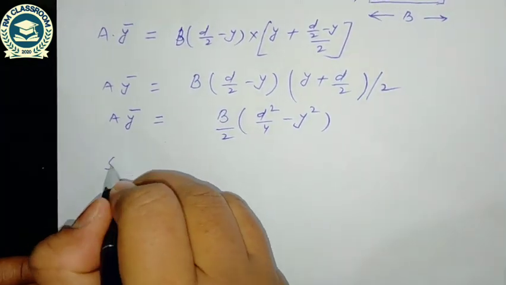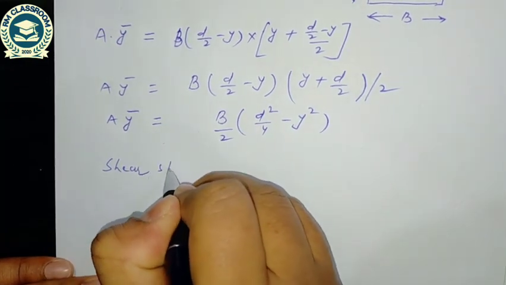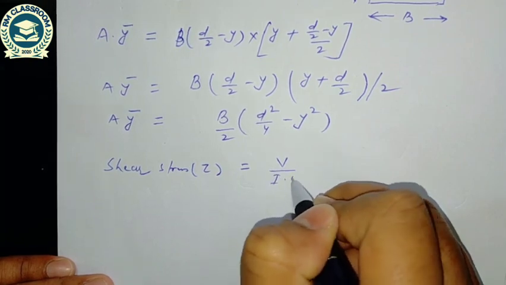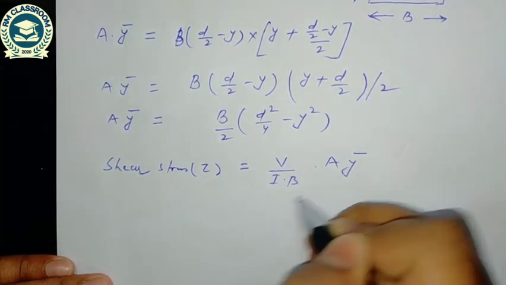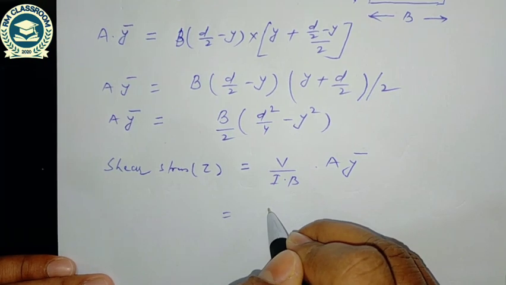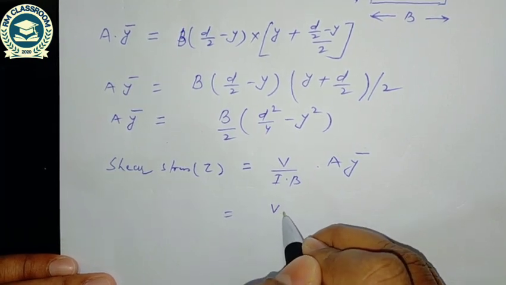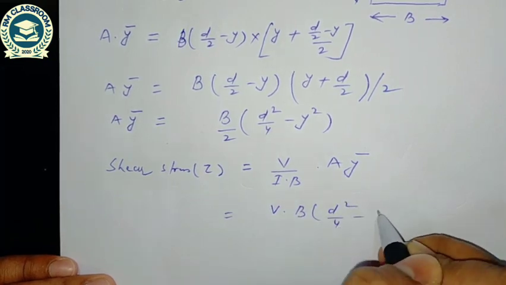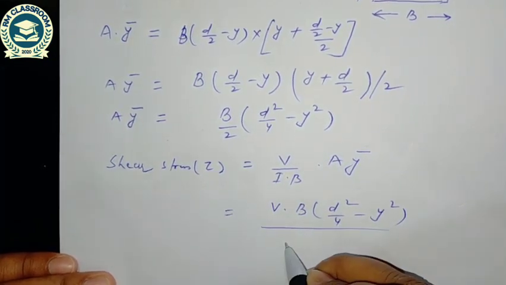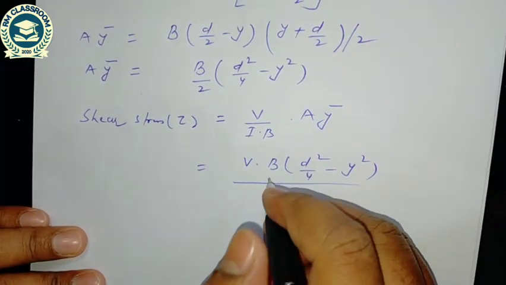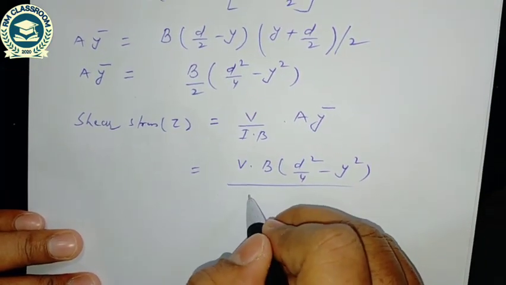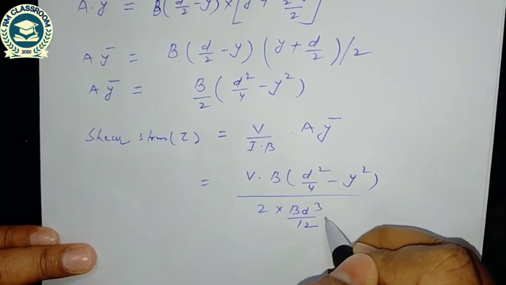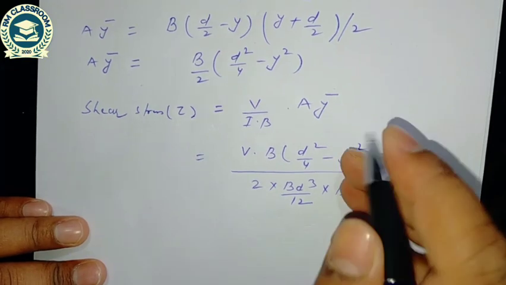So shear stress tau is V upon I into B A y bar. So the expression of shear stress is V into A y bar, which is B into d square by 4 minus y square, divided by 2 into B into d cubed by 12 into B. So B cancels.